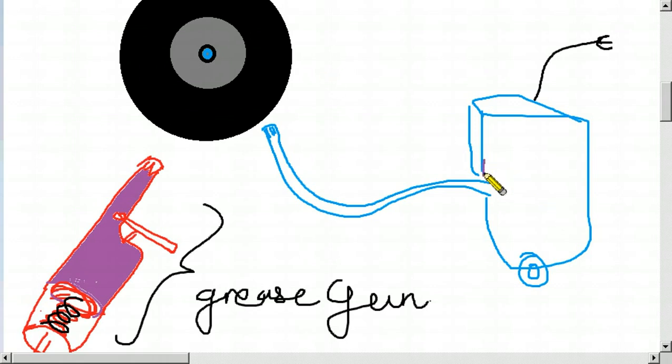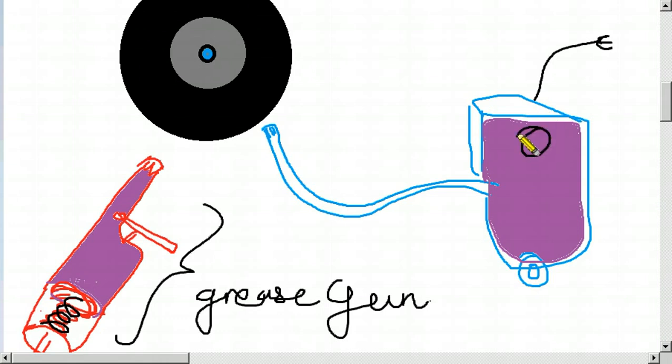There is a machine, a pump inside, an electric pump with a motor, to force grease towards the hose.